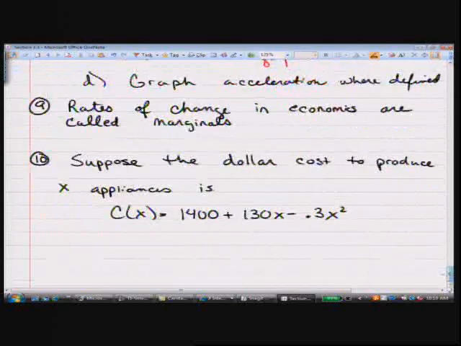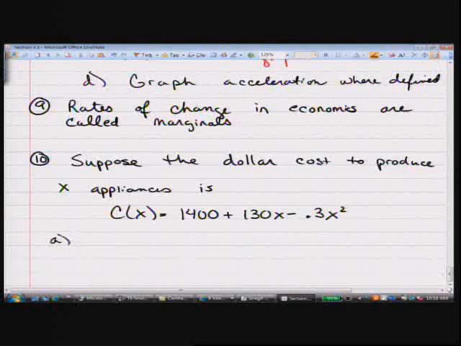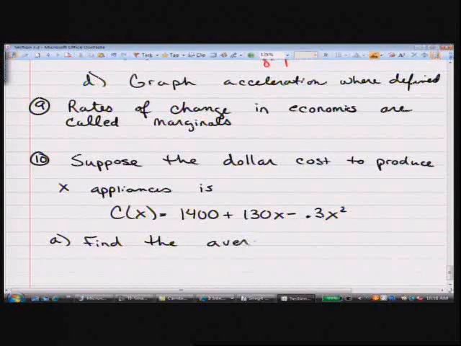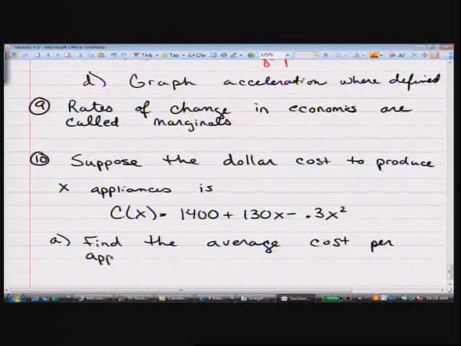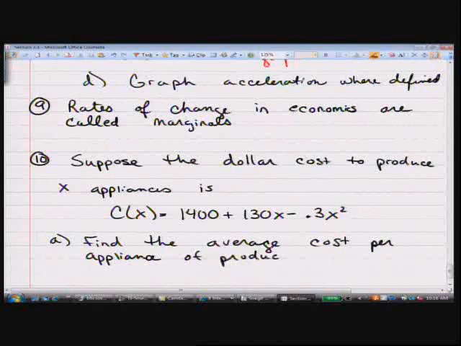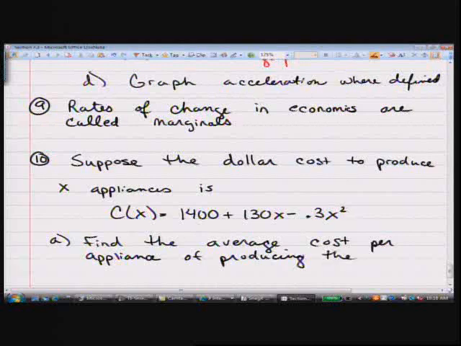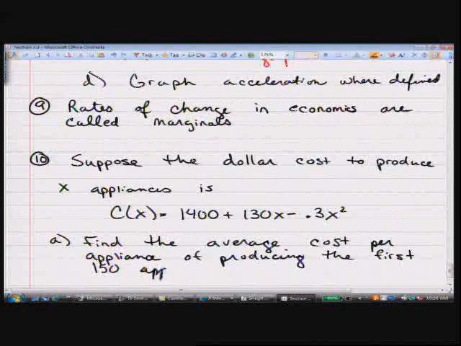So this is our cost function. Find the average cost per appliance of producing the first 150 appliances.